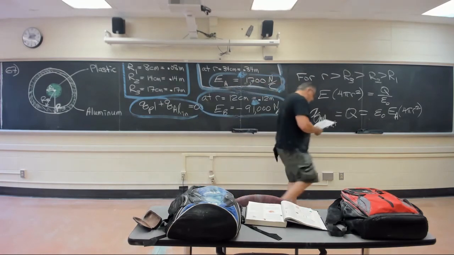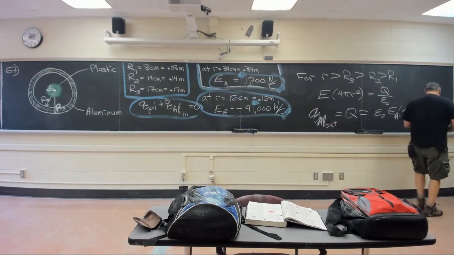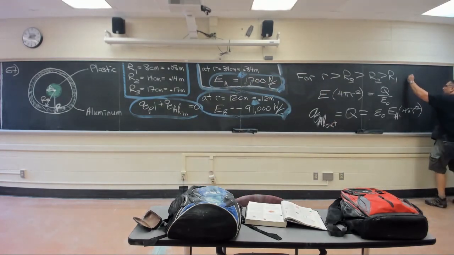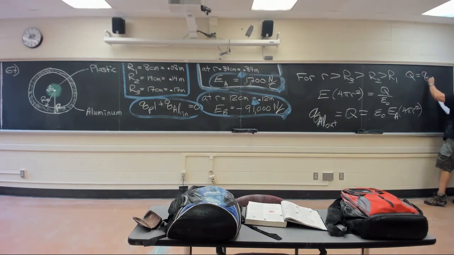The epsilon naught makes the whole thing a pretty small situation here, but it's what it is. You get Q equals 2.186.